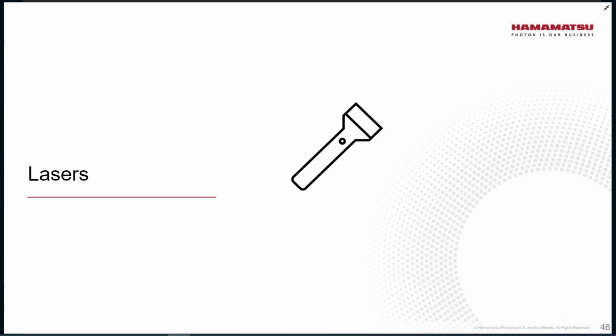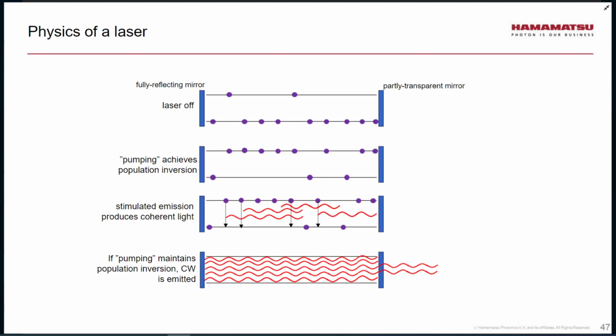So it is now time to discuss lasers, probably the most widely used system for emitting light. Lasers are different from all the sources that we've discussed before. Let me begin by discussing some basic requirements for a light source to be a laser.